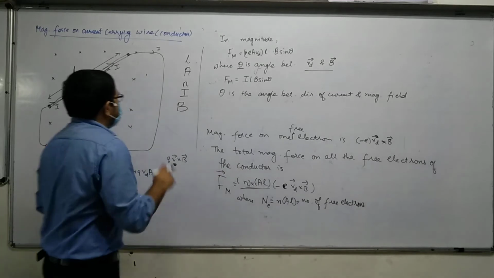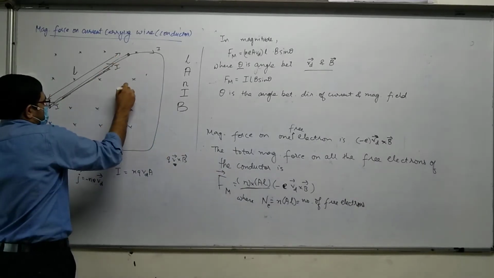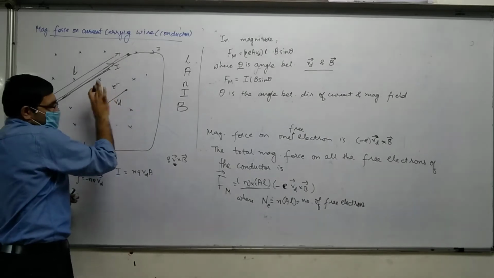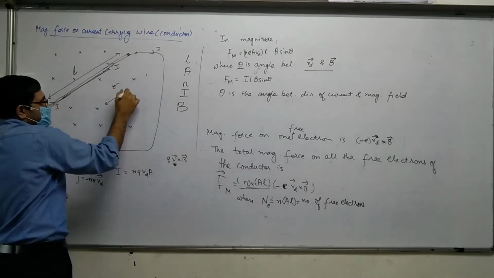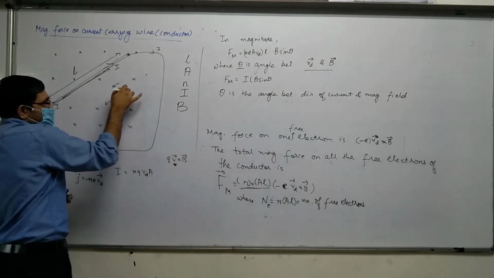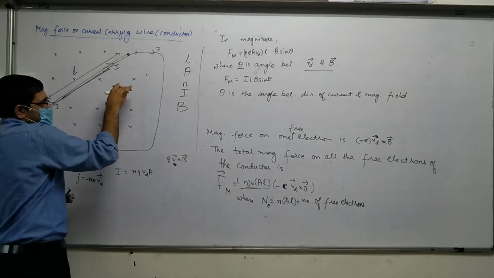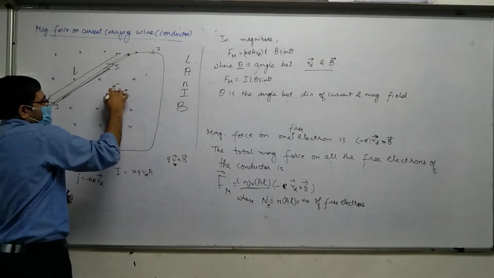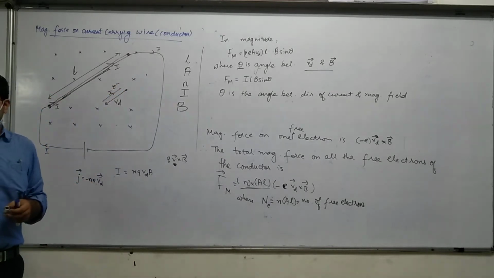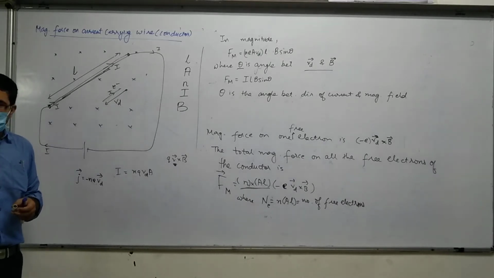Even if you consider that electrons are flowing this way, this is v_d and then there is B, but B can also be taken with the current direction. Do you realize the angle between I and B is still the same as the angle between v_d and B?